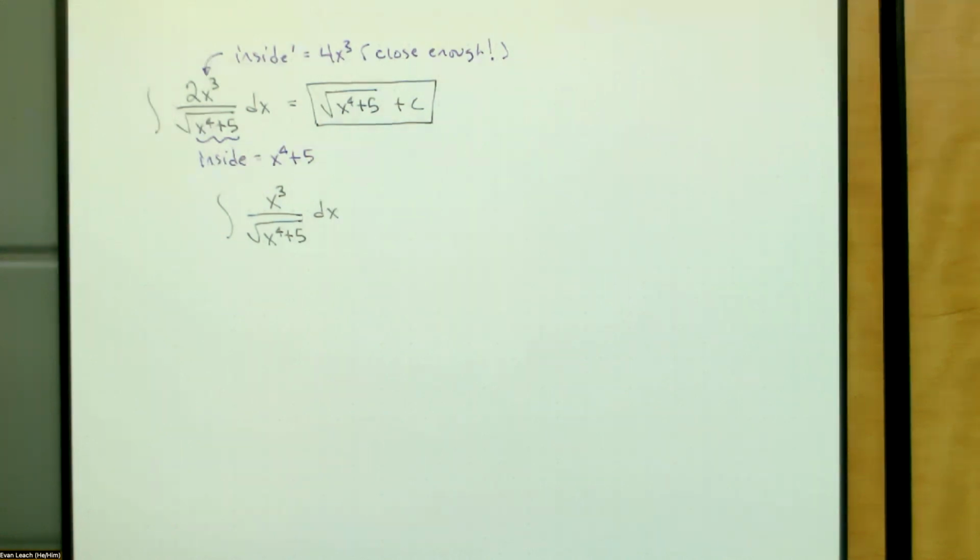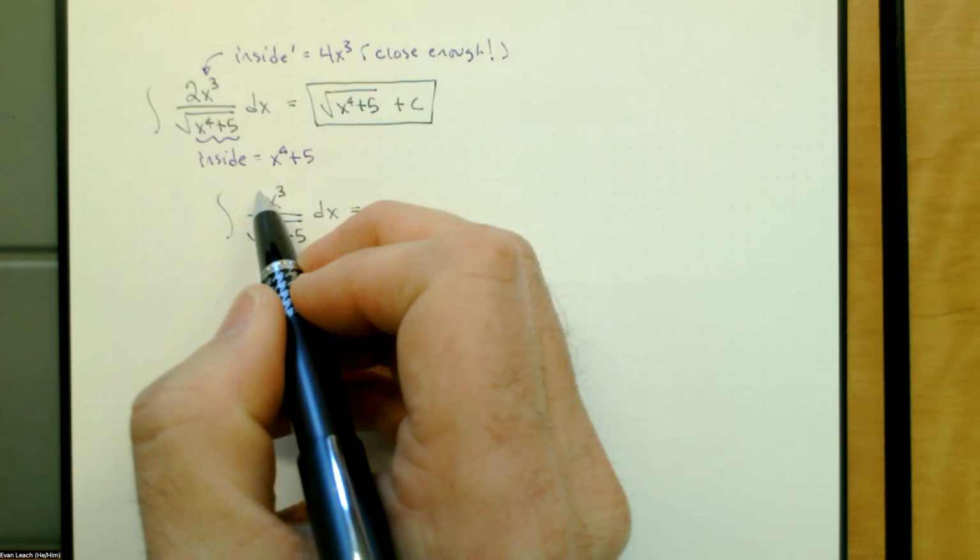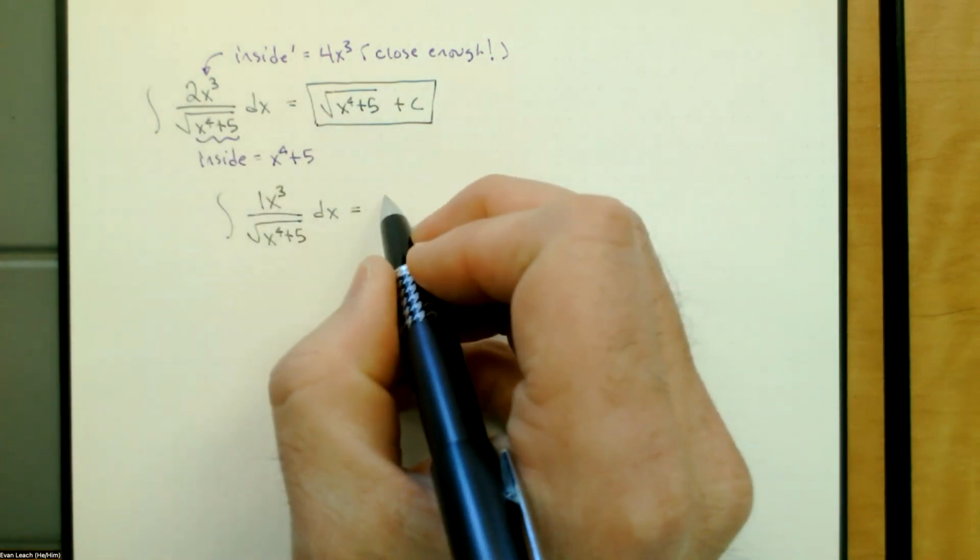Because we already have the problem above, we know that there's going to be a 1/2 factor. So this one's been multiplied by 2. If I want to drop that down to a 1, that means I have to multiply everything by 1/2.